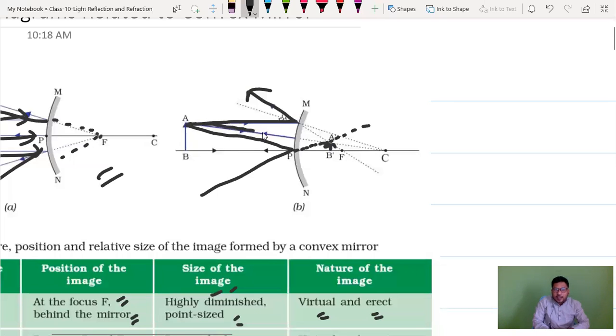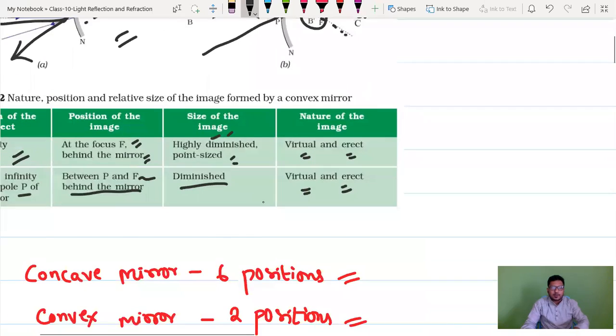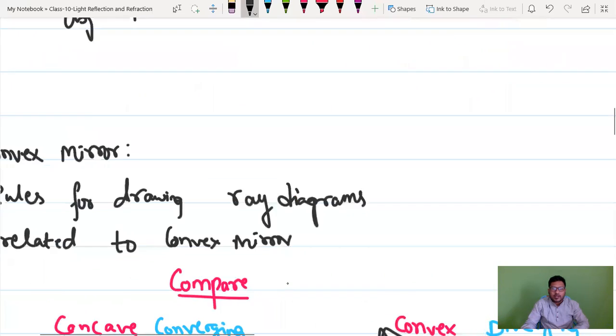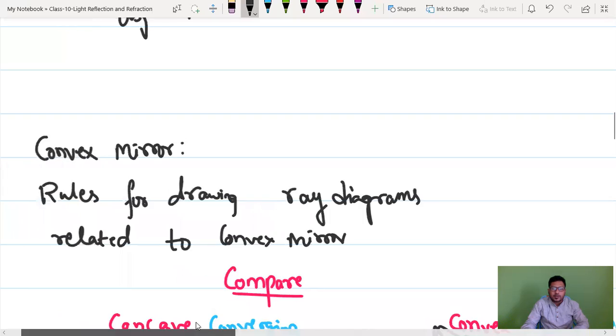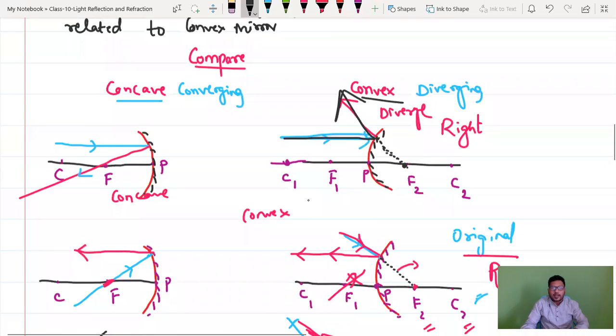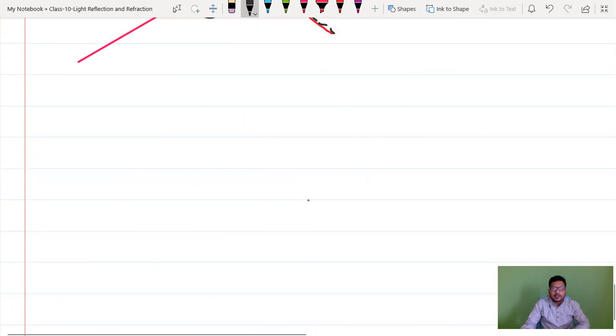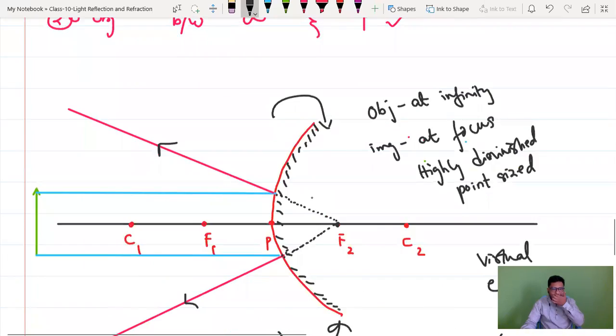It is passing through C. If it is passing through C, reflects back through C. That is also, whatever you do guys, you will get same point of image formation, which will form between P and F. So that is the concept about concave and convex mirrors. So we have seen 6 positions of concave and 2 positions of convex, and you guys should have knowledge about all these 6 and 2 positions of concave and convex mirrors.